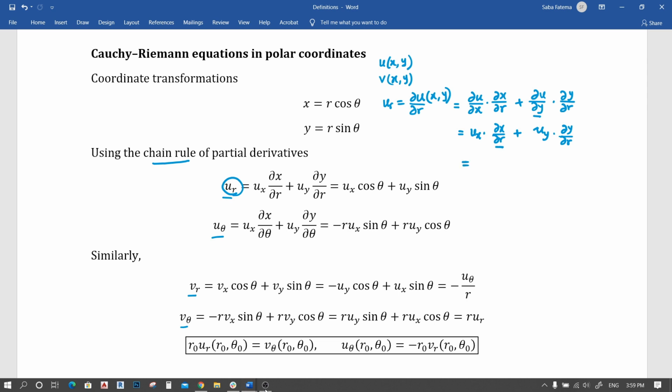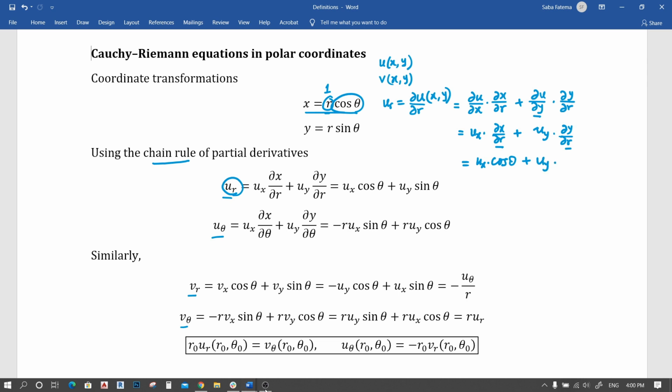Now to replace these values, since x is given as r cos theta, if we differentiate x with respect to r, then cos theta will remain as constant coefficient, and for r we will get only 1. So the partial derivative of x with respect to r is cos theta.